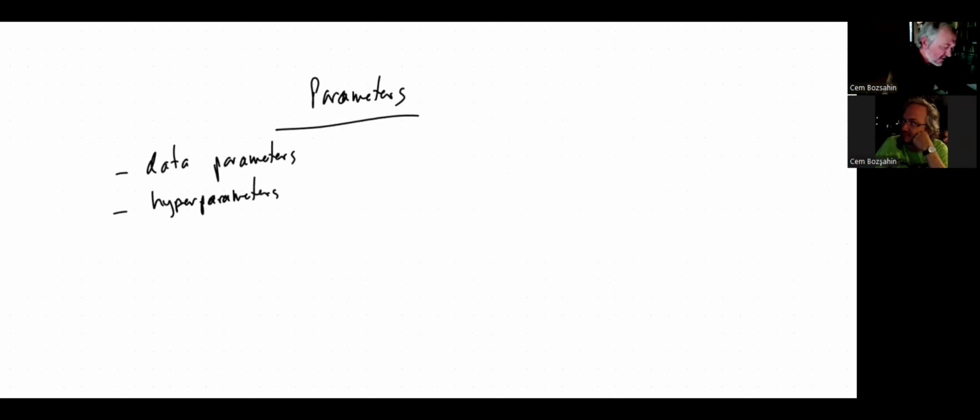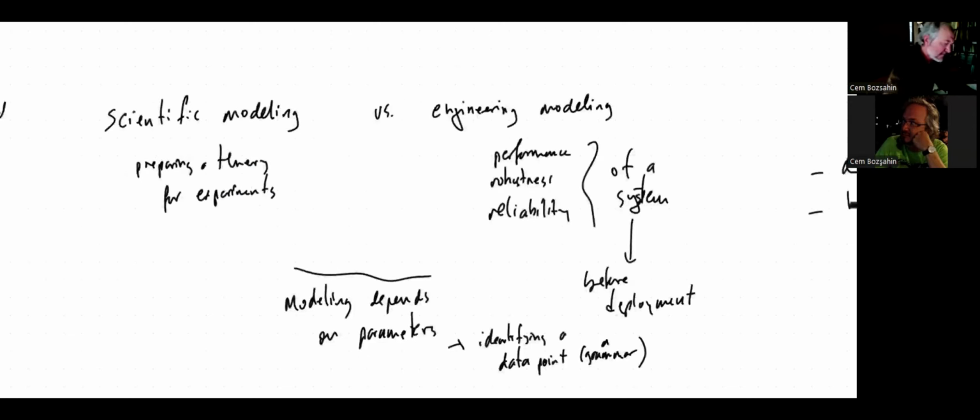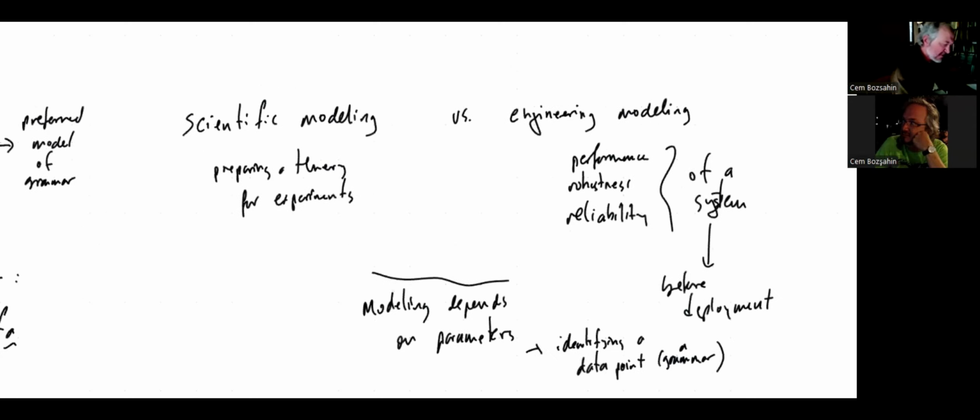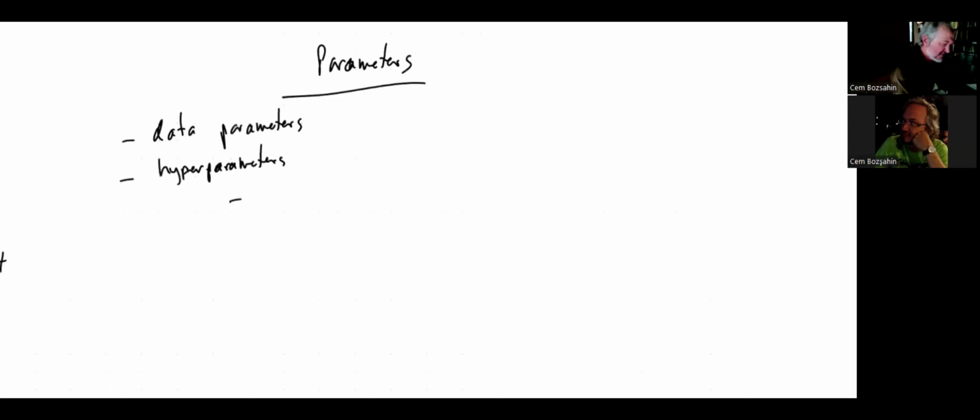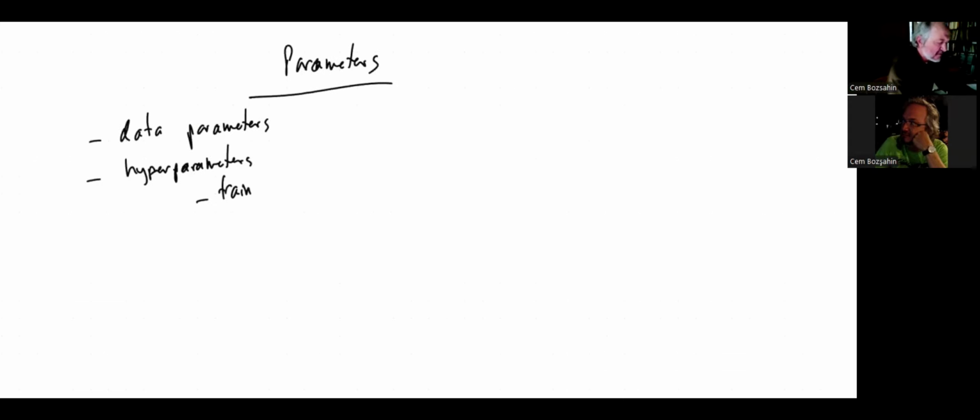These are most like training parameters. Hyperparameters, as the name implies, are over data. That's why they're called hyperparameters. Okay. Examples like learning rate.